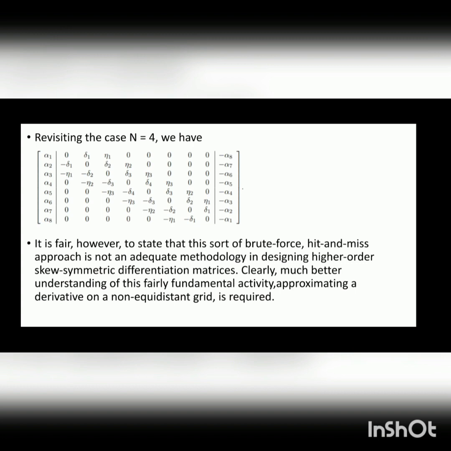It is fair, however, to state that this sort of brute force, hit and miss approach is not an adequate methodology in designing higher order skew symmetric differentiation matrices. Clearly, a much better understanding of this fairly fundamental activity, approximating a derivative on a non-equidistant grid, is required.